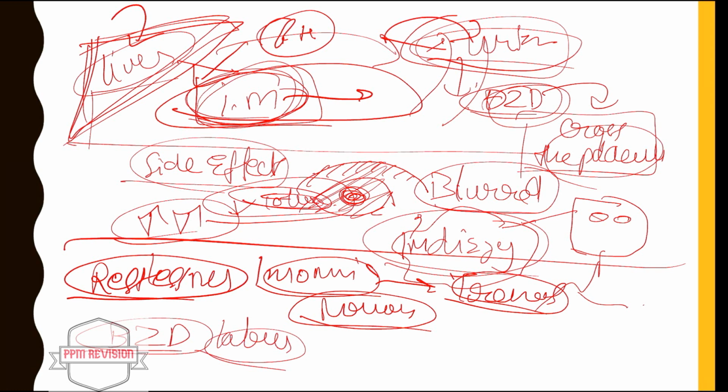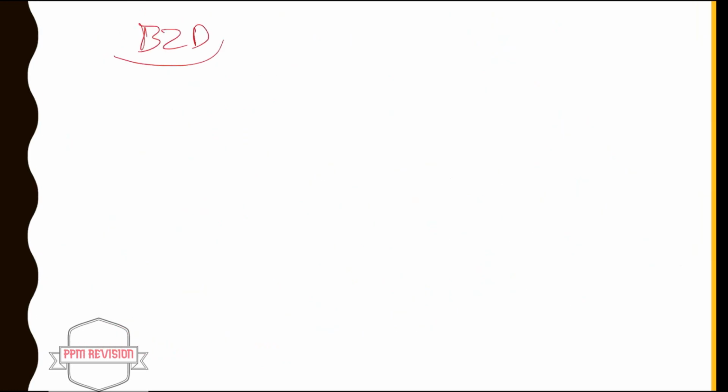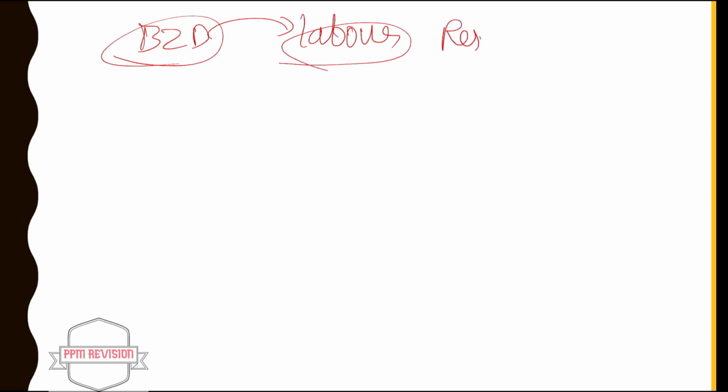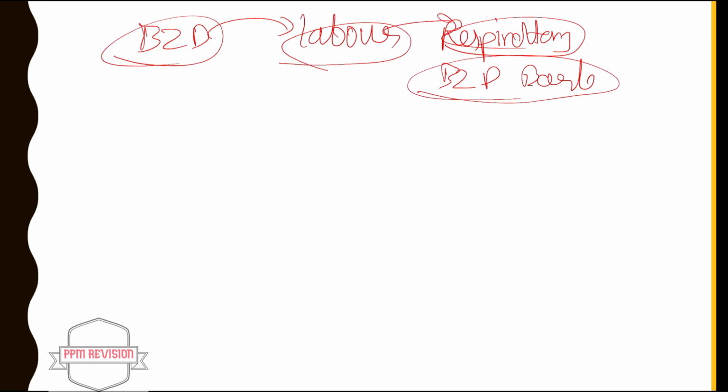So in case of benzodiazepines in labor, what happens? There is respiratory depression. I earlier told you that there is less respiratory depression with benzodiazepines and barbiturates. So yes, that is there, but in labor it causes respiratory depression.